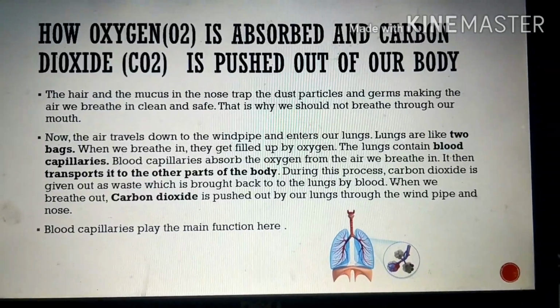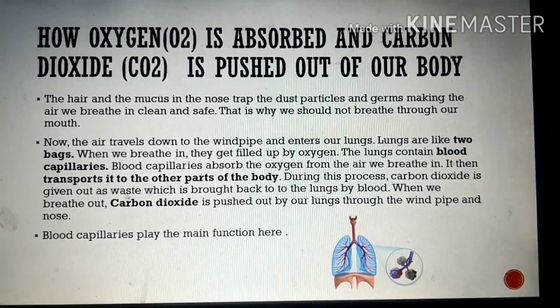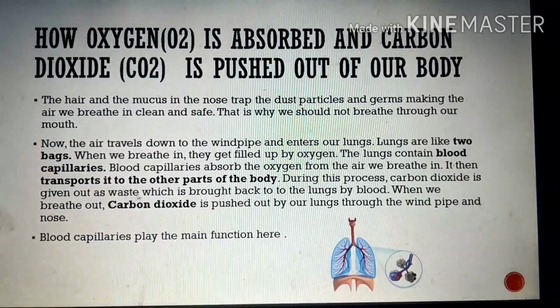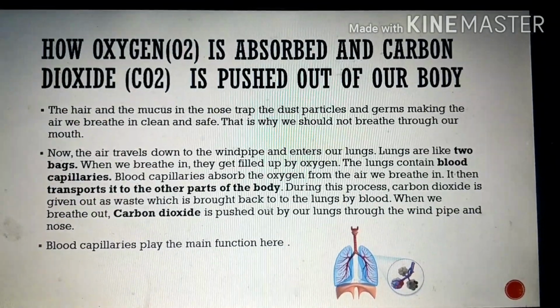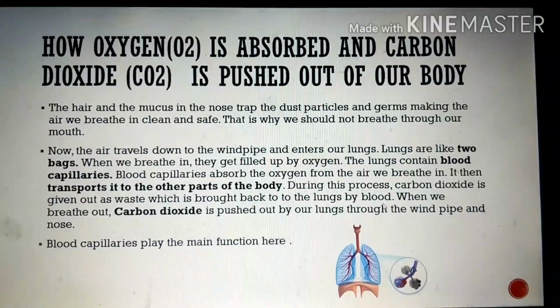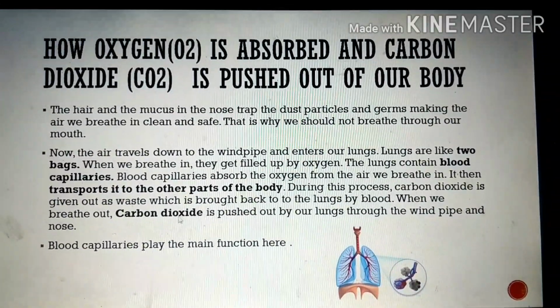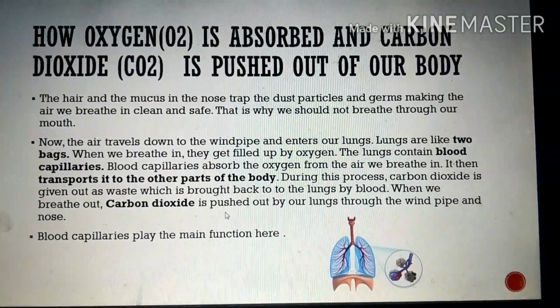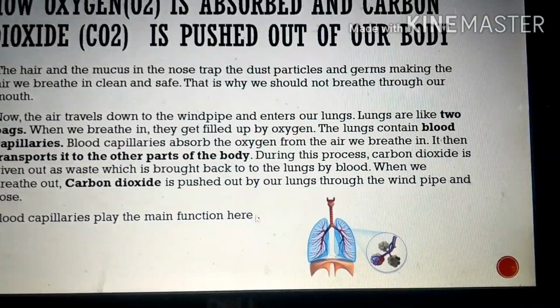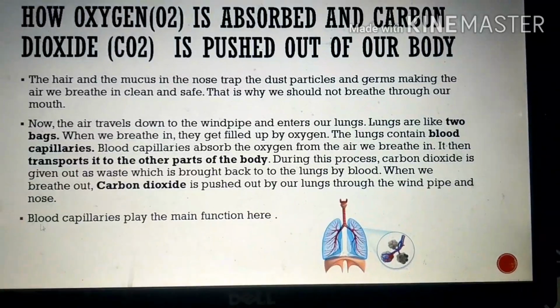During this process, carbon dioxide is given out as waste. So carbon dioxide is a waste product which is brought back to the lungs by the blood. When we breathe out, carbon dioxide is pushed out by our lungs, through the windpipe, then to the nose.